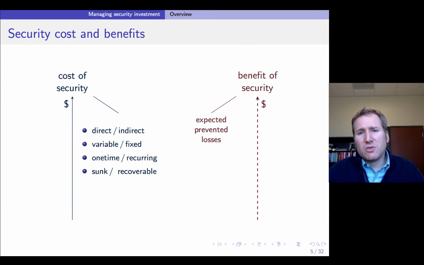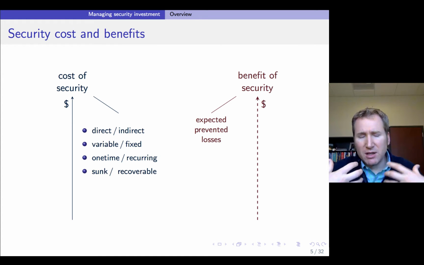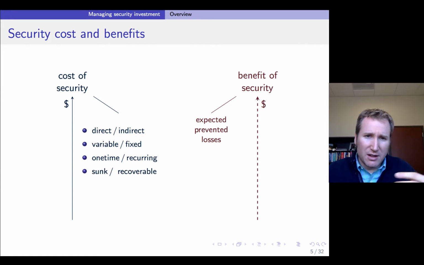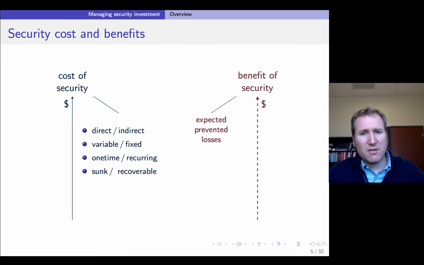So rather than try to model often very fuzzy concepts like improved trust within the organization, we're just going to sidestep all of that, and we're going to say the benefit we get from security is the reduction in the cost we would have had from lower levels of security had we not made this investment.